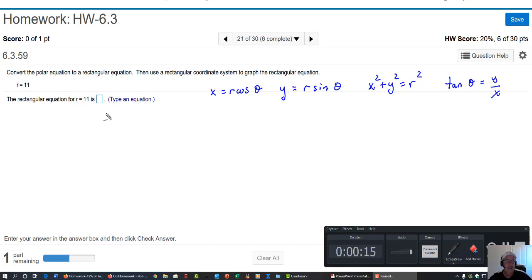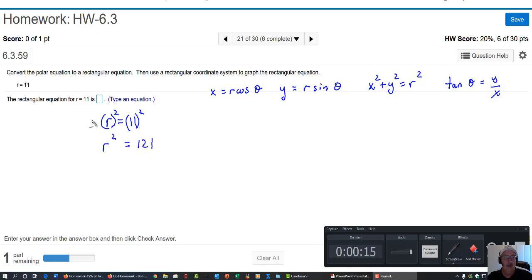So what I'm going to say is, well, I don't have an r squared given, so what I'm going to do is make an r squared. I am going to square both sides of this equation. So in some of these, you may have to do some manipulations. That would give me r squared equals 121.